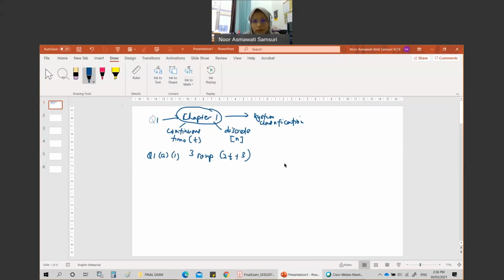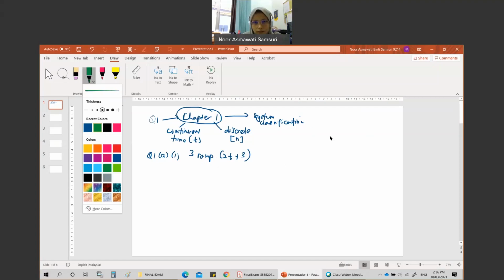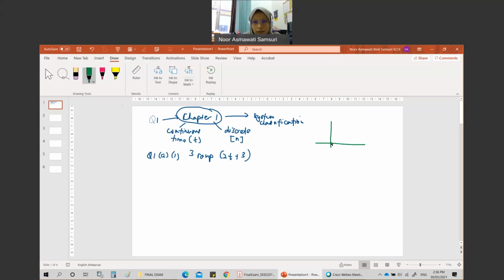If you don't know how the ramp signal looks like, this is ramp t. Ramp t is equivalent to t u(t), which is called the unit step function.